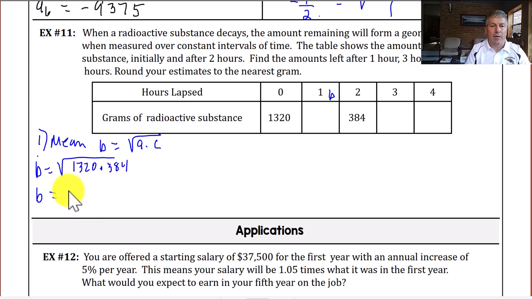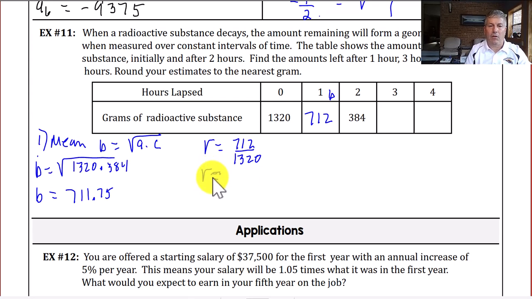And I get b is approximately equal to 711.75. So we're going to call it 712 for our purposes. So then our r value is 712 over 1,320. Putting that into my calculator, we're using an r of approximately 0.539, and the 39 is repeating. So that's the second thing we've done.